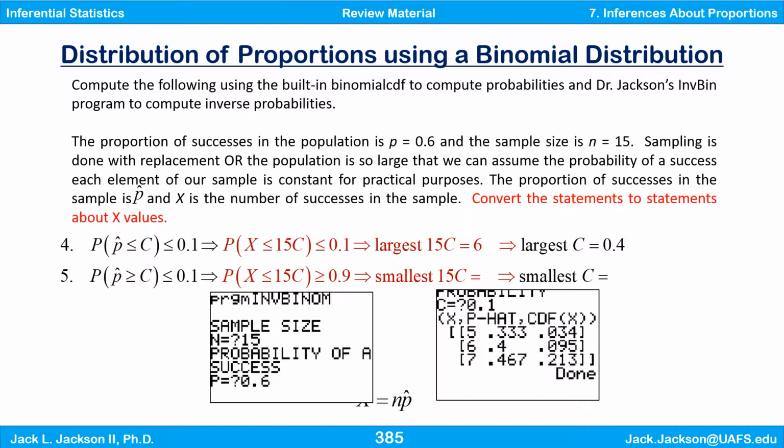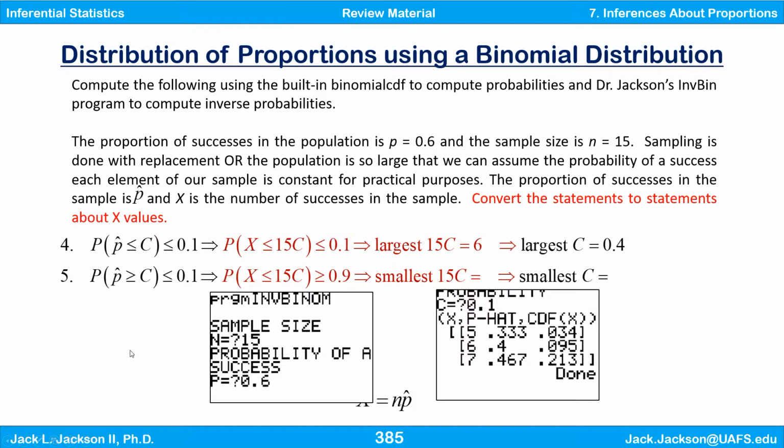And we look at that CDF table, and we're looking for the largest x value so that the probability to the left is less than 0.1. 7 is too big, so the largest one will be 6. That's 15c, so 6 divided by 15 is going to be our probability, which turns out to be 0.4. It's also given here in the table as well.